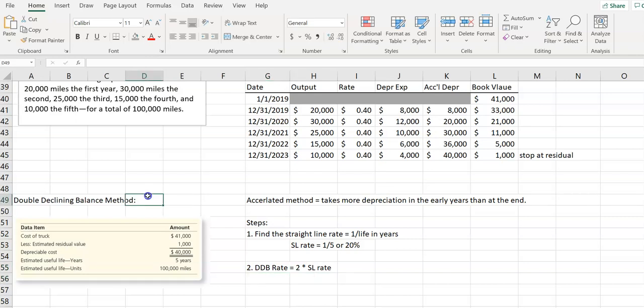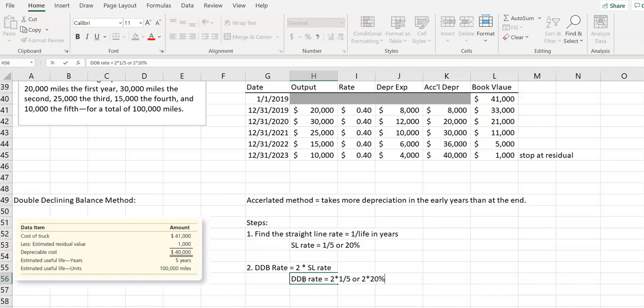So in our case, the double declining balance rate is going to be 2 times 1/5, or 2 times 20%, which equals 40%.